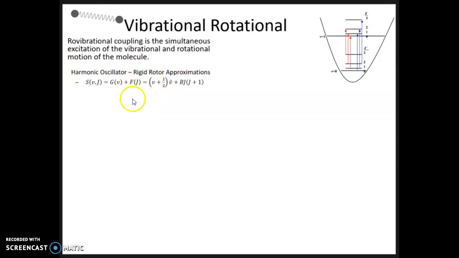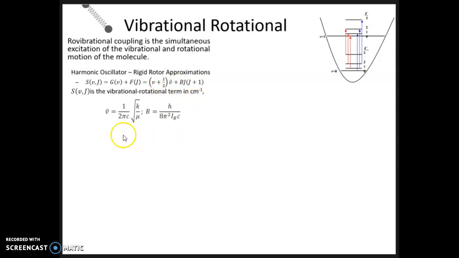So for the rigid rotor, harmonic oscillator, the energy is (v plus half) times the vibrational frequency, and for the rigid rotor, the energy levels are BJ(J plus 1), where the vibrational frequency is related to the force constant and reduced mass. And B, the rotational constant, is h over 8 pi squared I_B c, where I_B is the moment of inertia along the B axis.